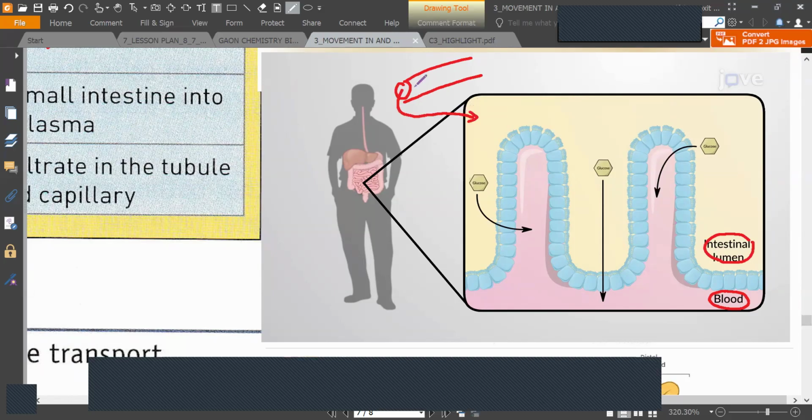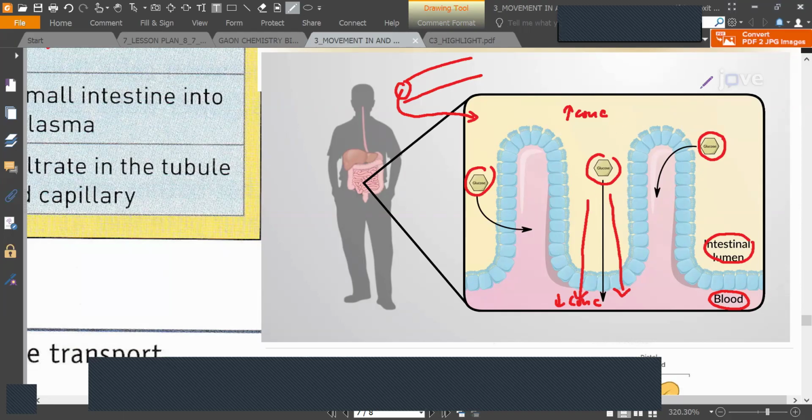After we digest everything, we will have lots of glucose in our small intestine. When this concentration is high and inside the blood the concentration of glucose is low, diffusion can just happen, no problem.